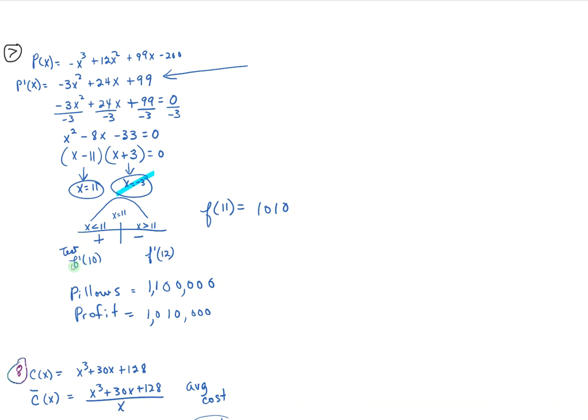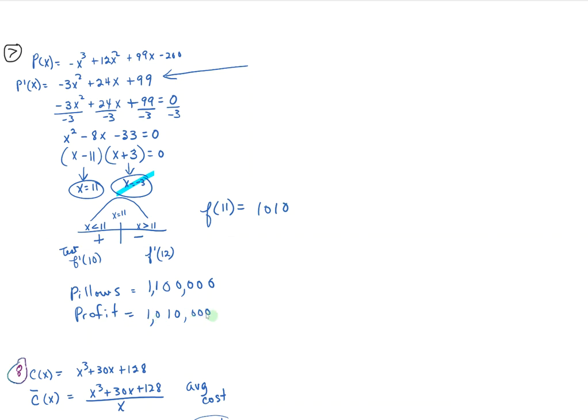I tested f prime of 10 and f prime of 12, found that this was positive, this was negative. And so this is the max. 11 is the number that's going to give you the max. So 1010 is the max of the profit.